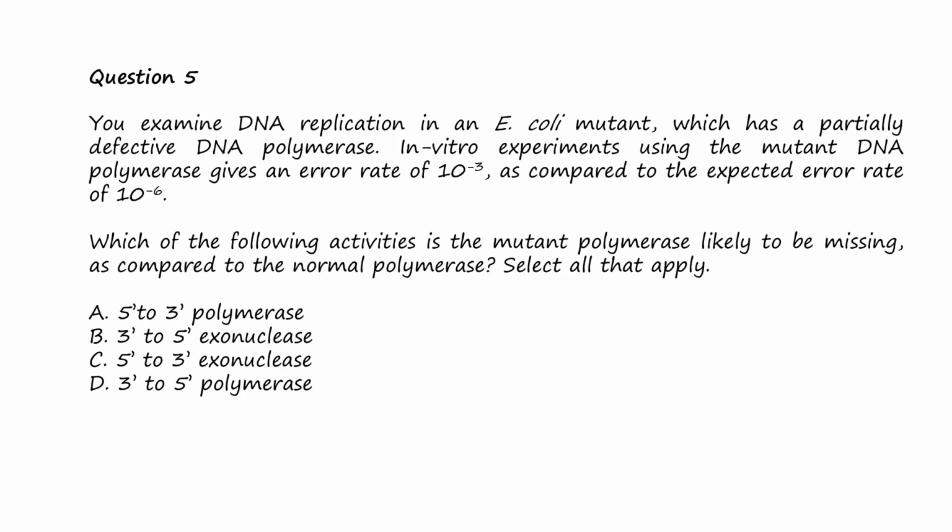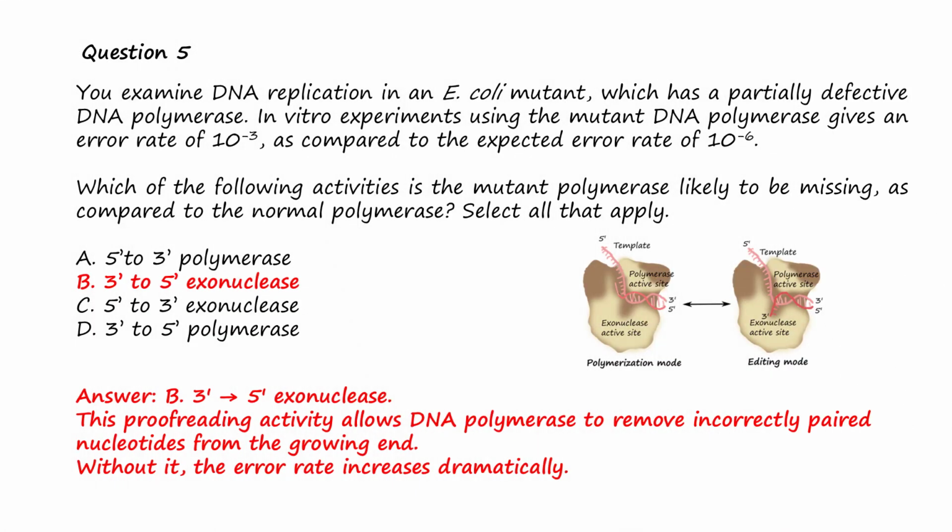A. 5' to 3' polymerase, B. 3' to 5' exonuclease, C. 5' to 3' exonuclease, D. 3' to 5' polymerase. Answer: B. 3' to 5' exonuclease. This proofreading activity allows DNA polymerase to remove incorrectly paired nucleotides from the growing end. Without it, the error rate increases dramatically.